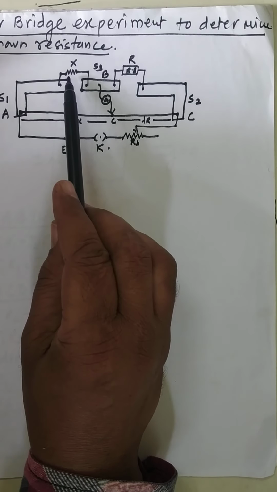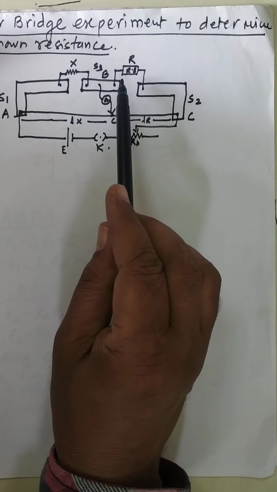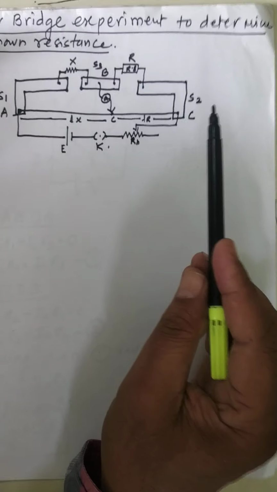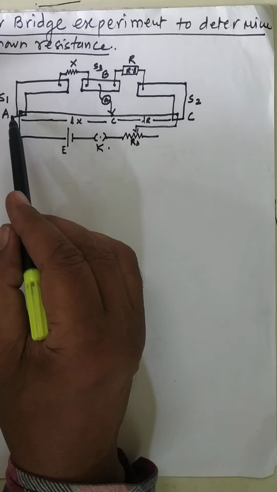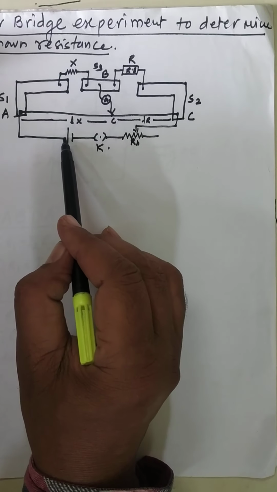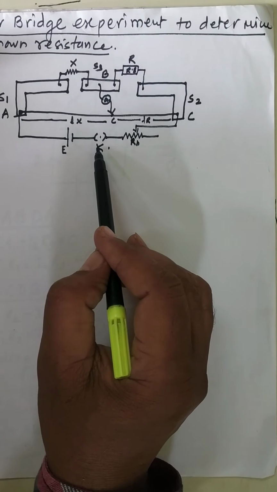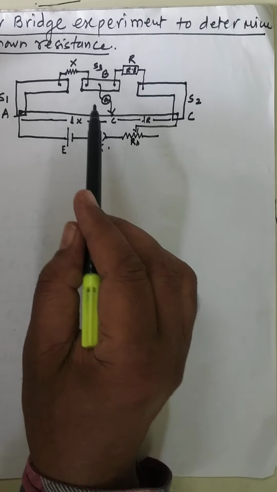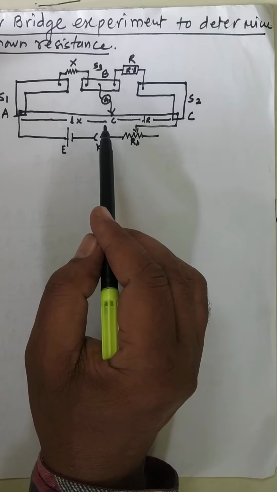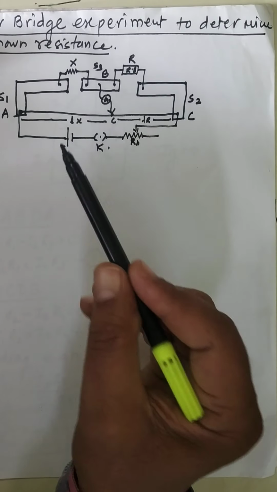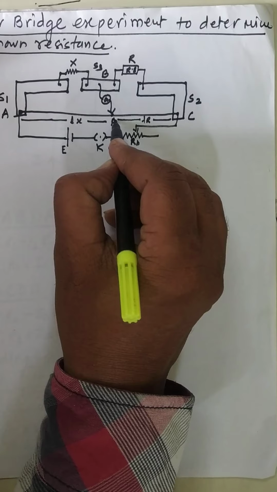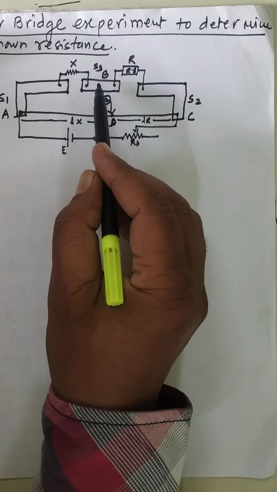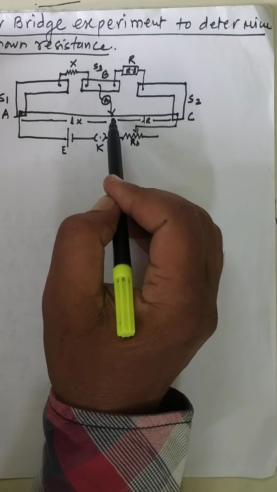In one gap, the unknown resistance X is placed. In the other gap, the resistance box RB having the value resistance R is placed. Between the points A and C, a cell of EMF E, a plug key K, and rheostat RH are connected in series. And between the points B and D, we call this point D, a galvanometer and a jockey is connected.